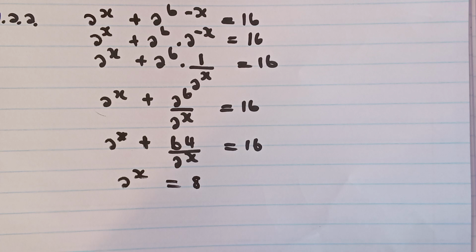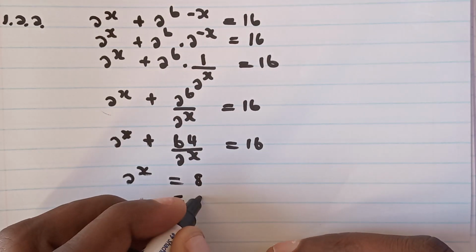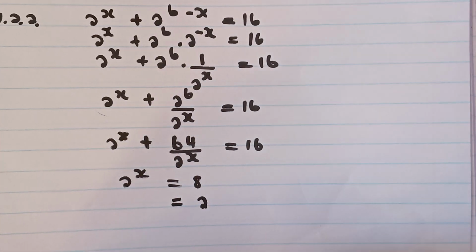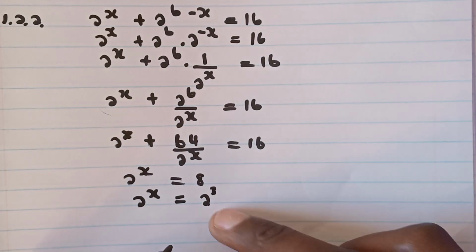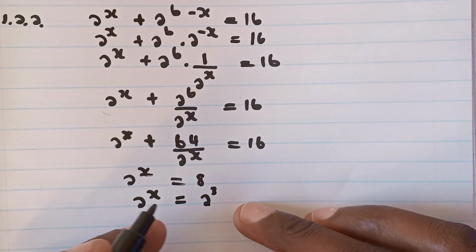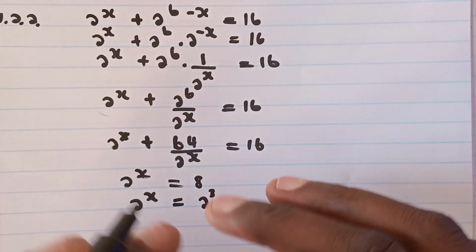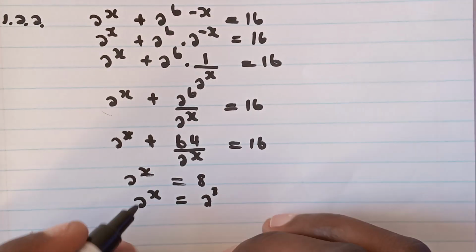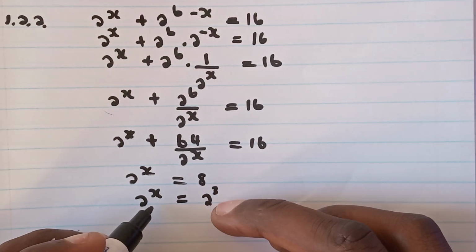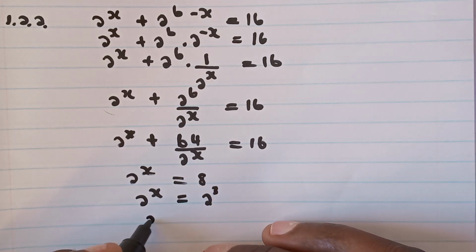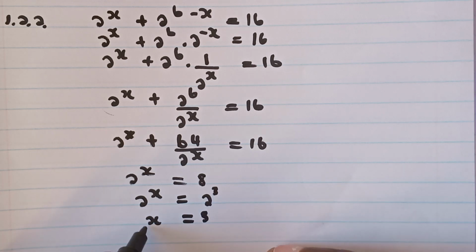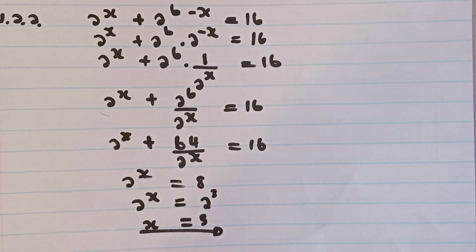We can also write 8 as 2 to the power 3. So 2 to the power x here is equal to 2 to the power 3, and 2 to the power 3 is also equal to 8. And since these are the same bases, the exponents are equal. So x is equal to 3. I hope this makes sense to you.